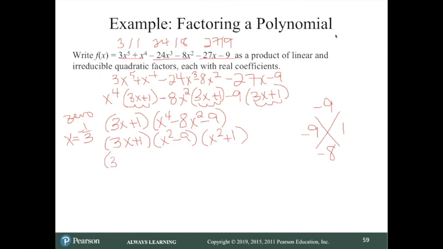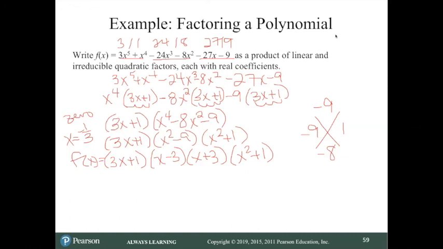So we have 3x plus 1 times x minus 3 times x plus 3. x squared plus 1 is a sum of perfect squares, which means that is going to have complex, non-real roots. So we'll leave it in its irreducible form. So this is f of x in its factored form.